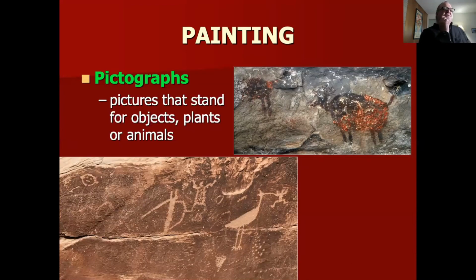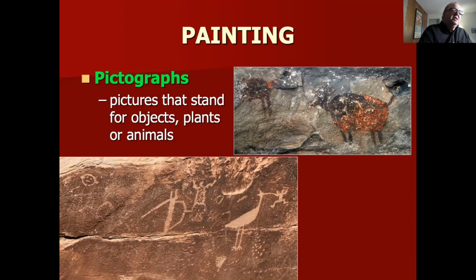Pictographs are a specific type of painting or drawing in which the pictures stand for objects, plants, or animals, that kind of thing. So you see, upper right, you have pictures of some antelope of some kind, rather fat antelope, but the antelope just the same. And down at the lower part, you have pictures of a bird picking up a man.